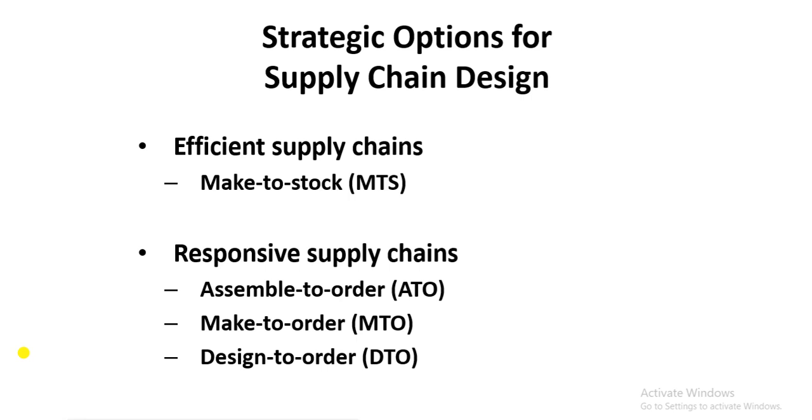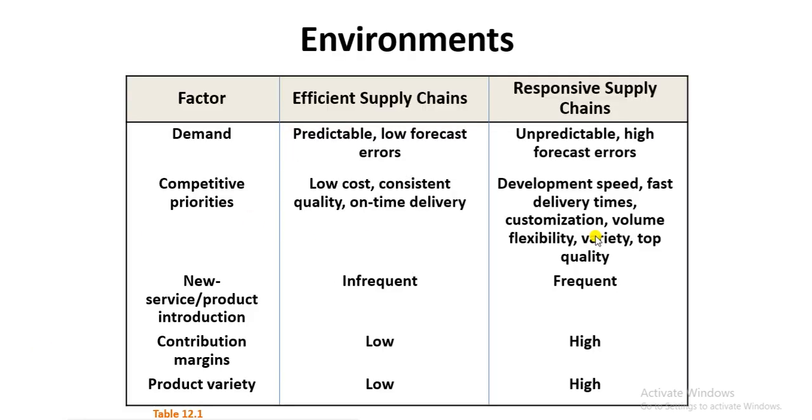Moving on, here we are talking about the environment. It means you should be clear about in which conditions you will choose the efficient supply chains and in which conditions you will choose the responsive supply chains. As you can see in your slide, the first column on the left side talks about the factors which are important in the design of the supply chain.